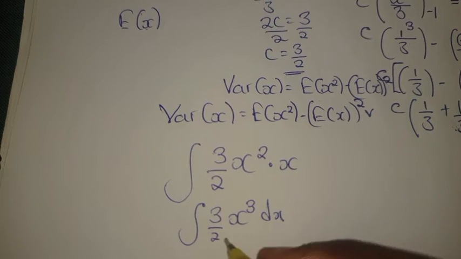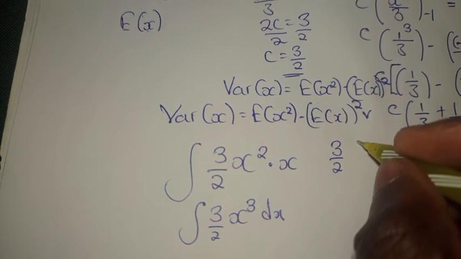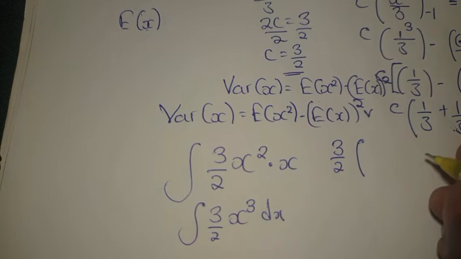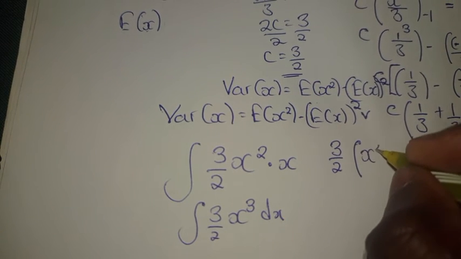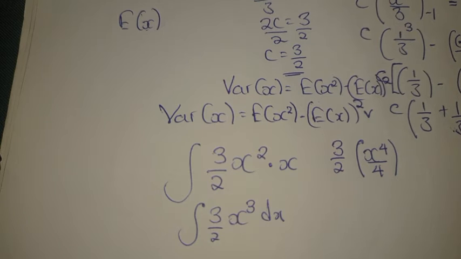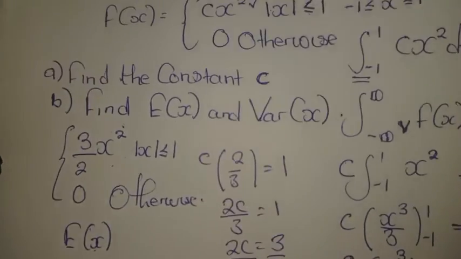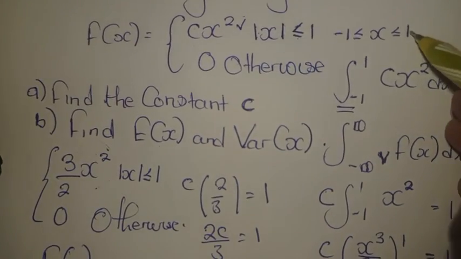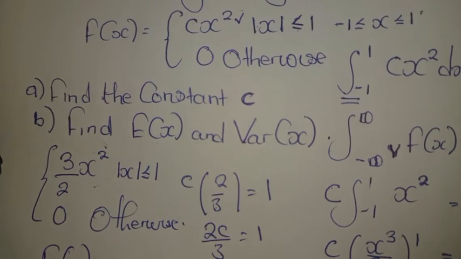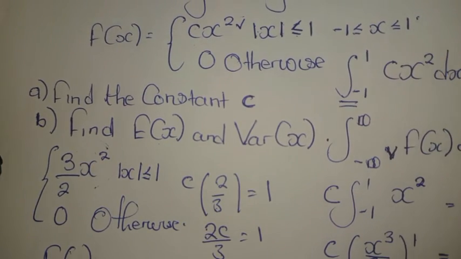Having done this, we know for sure that here we have a constant which we can put outside the integral, and the integration of x to the power 3 is x to the power 4 over 4. Now they are telling us to find the expected value of x, and the range which we have been given is what we interpreted here as x greater than or equal to -1 but less than or equal to 1.